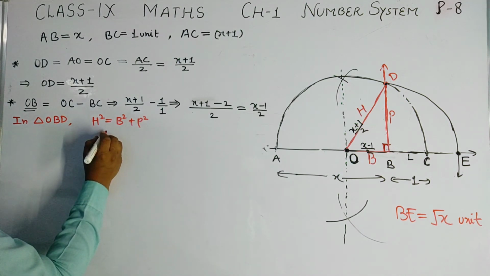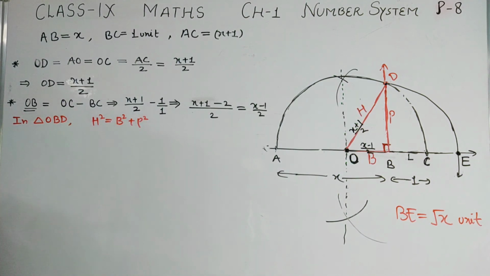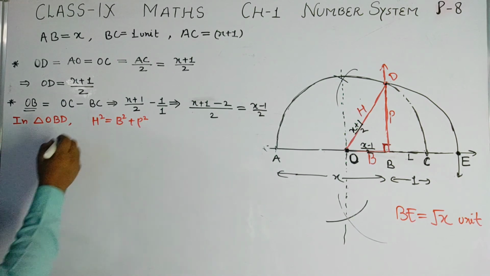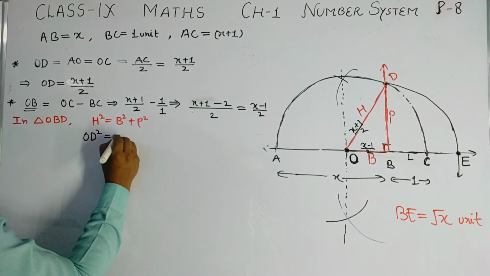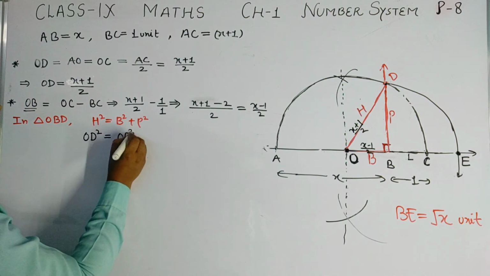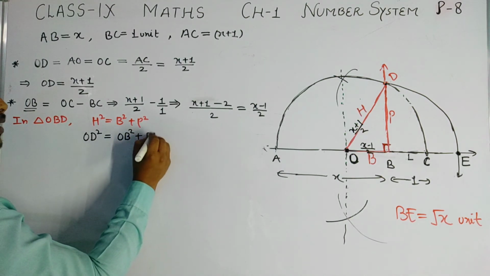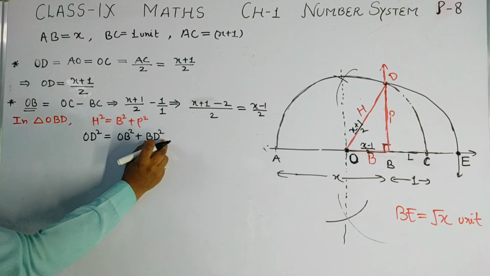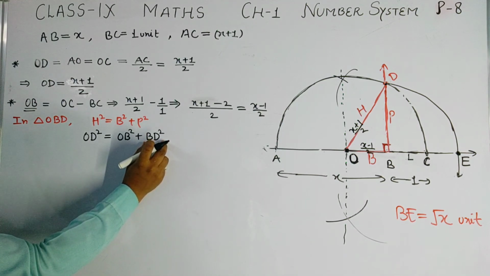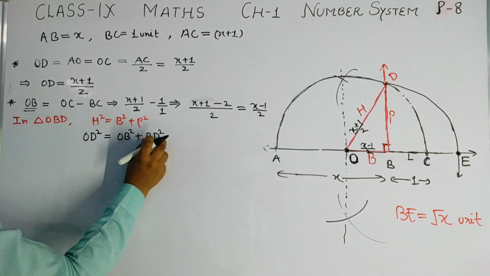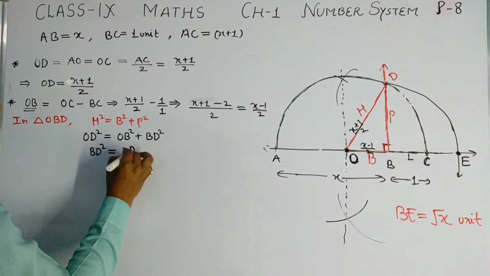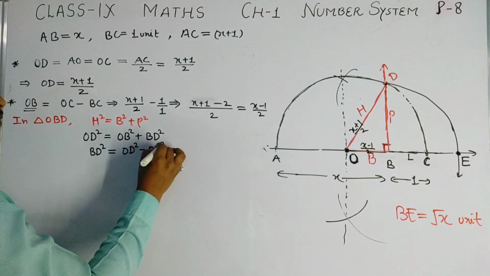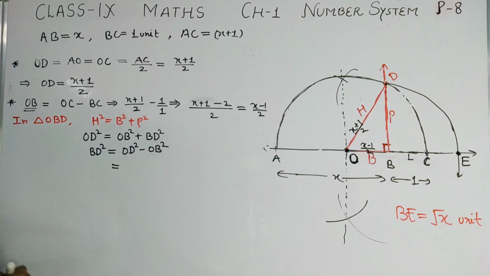If we write it in the form of the length of the sides, the hypotenuse is OD square, the base square is OB square, and the perpendicular square is BD square. If we want to show that BD is under root x unit, firstly we have to find BD. So BD square will be OD square minus OB square.